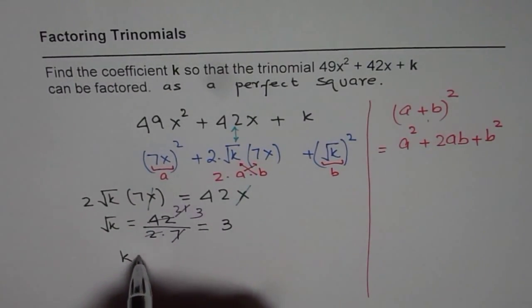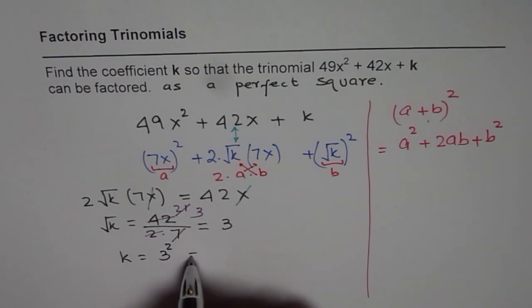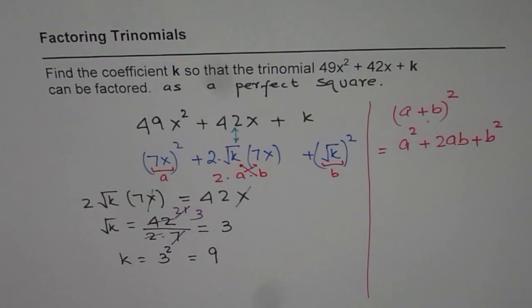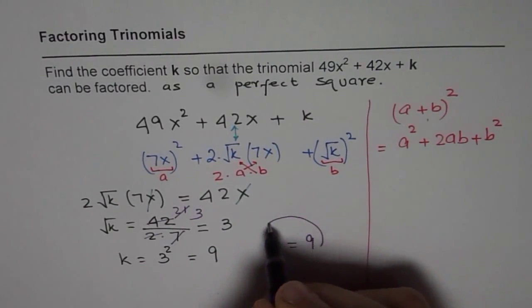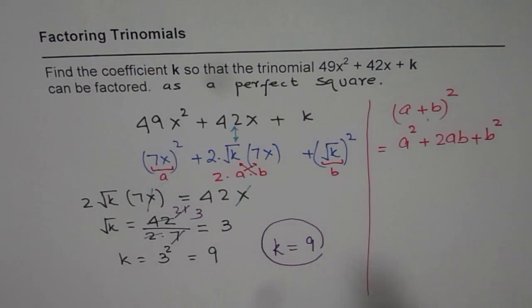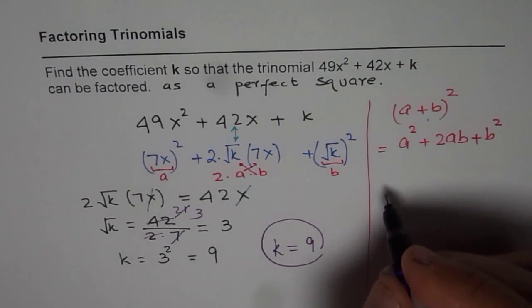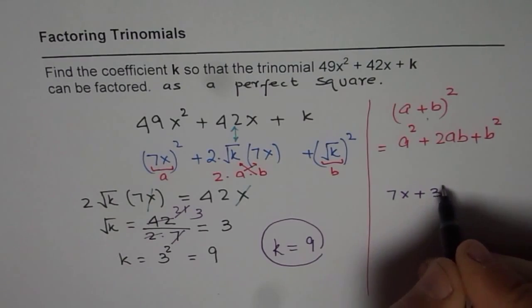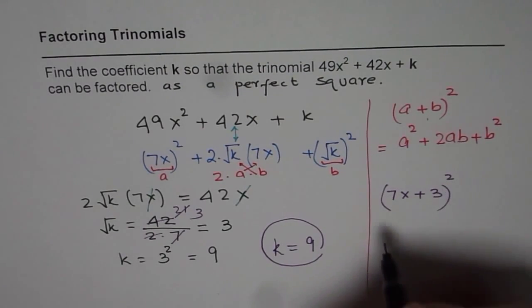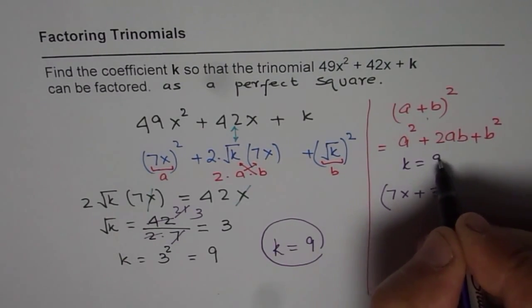So we get k equals 3 squared or 9, correct? So we get our answer that k is equal to 9, correct? So if I write k as 9, I could write this equation as 7x plus 3 whole square, right? When k equals 9, correct?